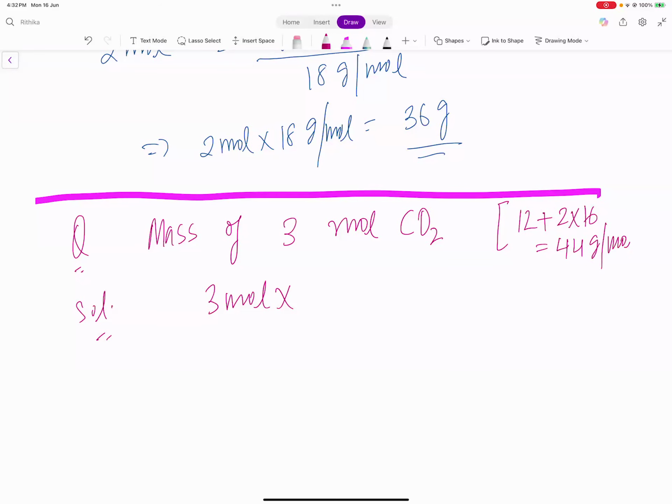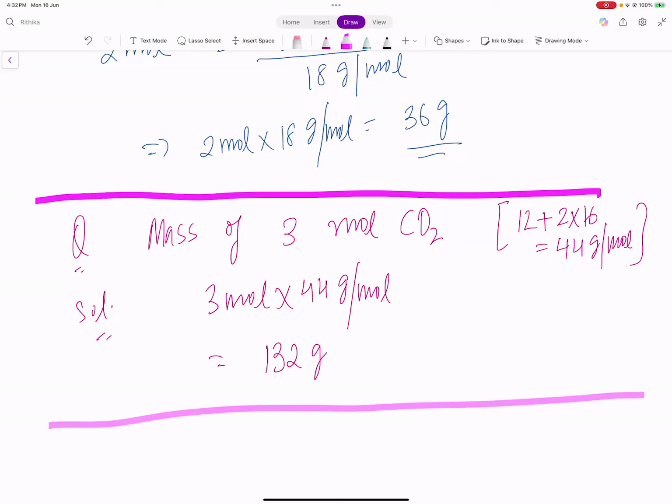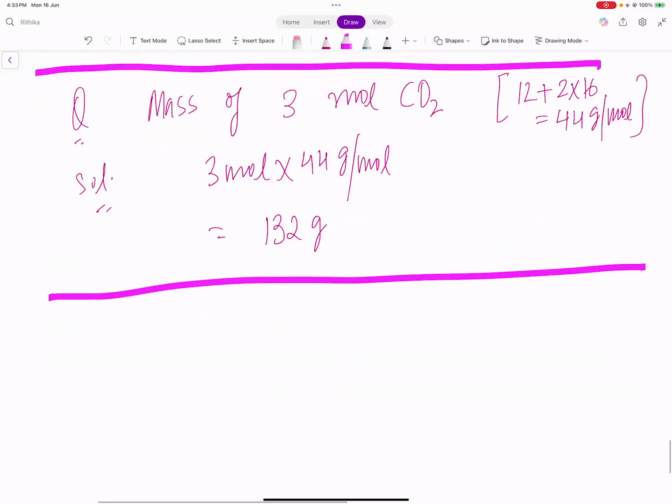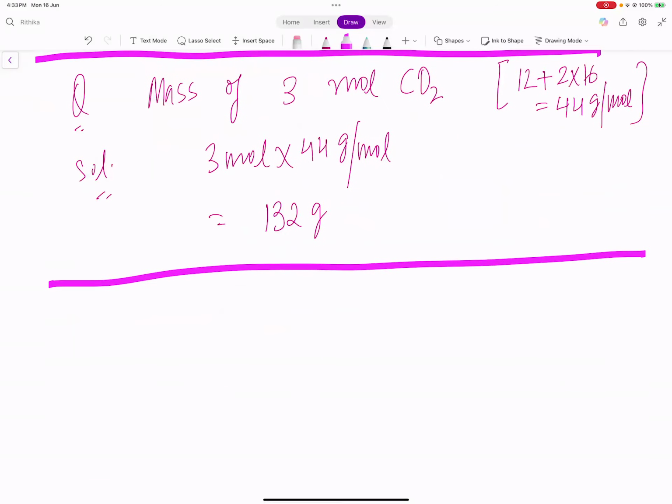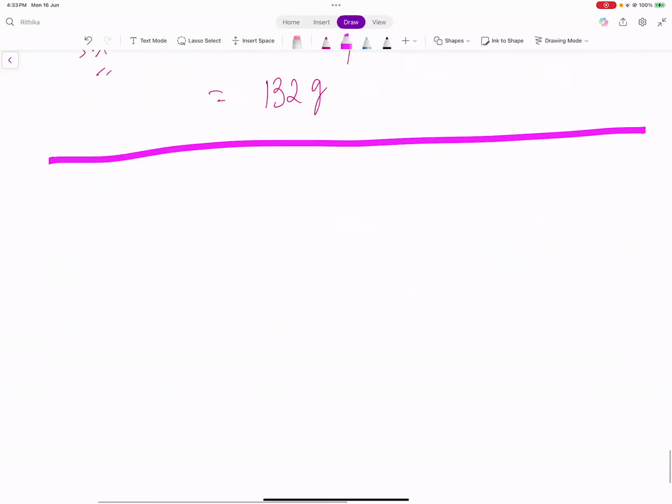I multiply 3 by 44 gram per mole, so 3 mole of CO2 will weigh 132 grams. So from mole, I can go to mass, and from mass, I can go to mole. I'll just continue.